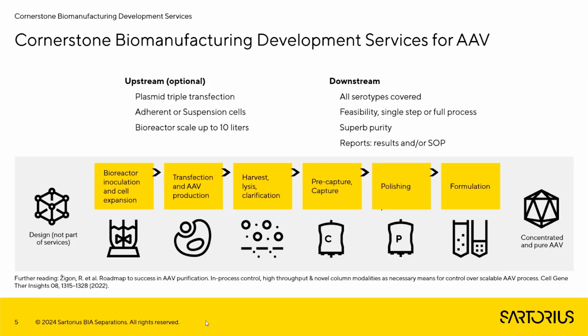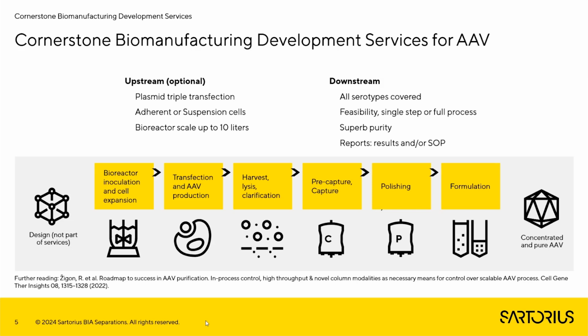Downstream development for AAV is one of our core expertise. We have downstream process solutions that cover all serotypes and utilize tools to achieve high yields and exceptional purity. Optionally, we can extend our services to include the upstream part as well.